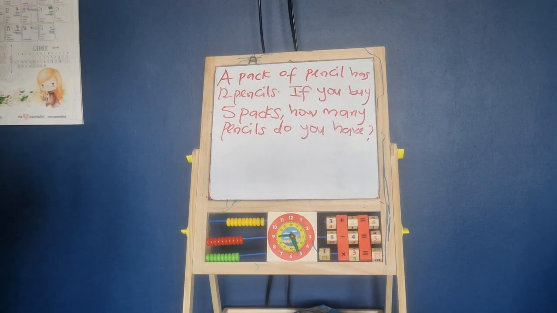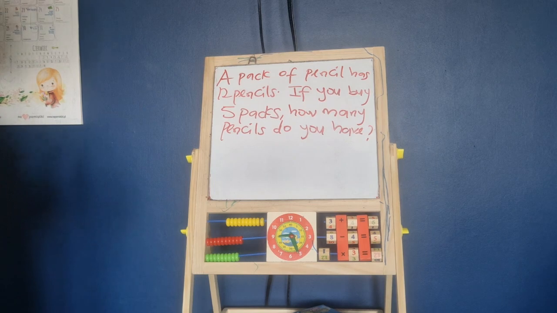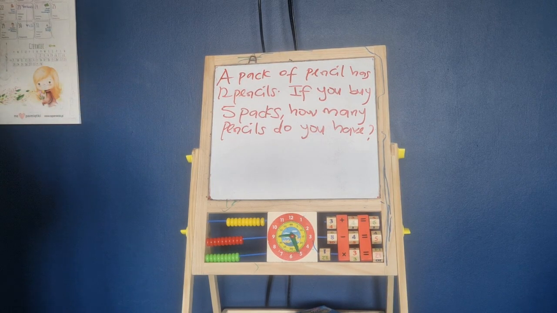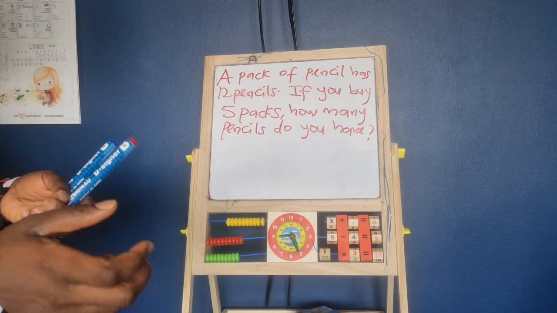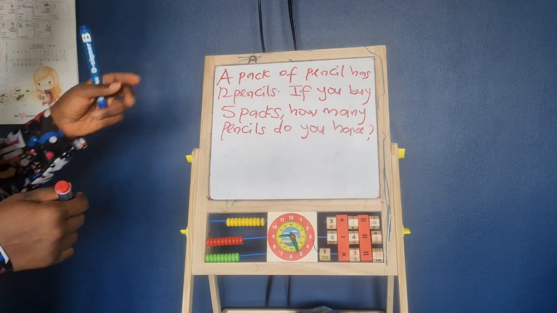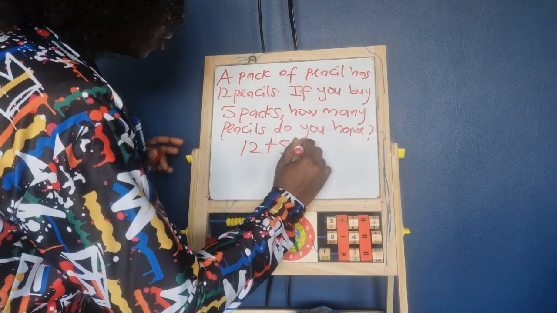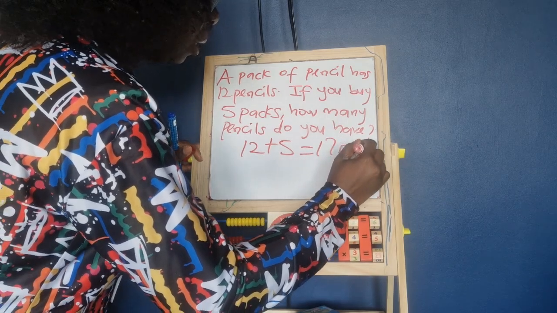The fifth multiplication mistake that students make is misreading the questions in word problems. This is an example. A pack of pencils has 12 pencils. If you buy 5 packs, how many pencils do you have? Students add when they see something like this and they just say 12 plus 5 equals 17 pencils.